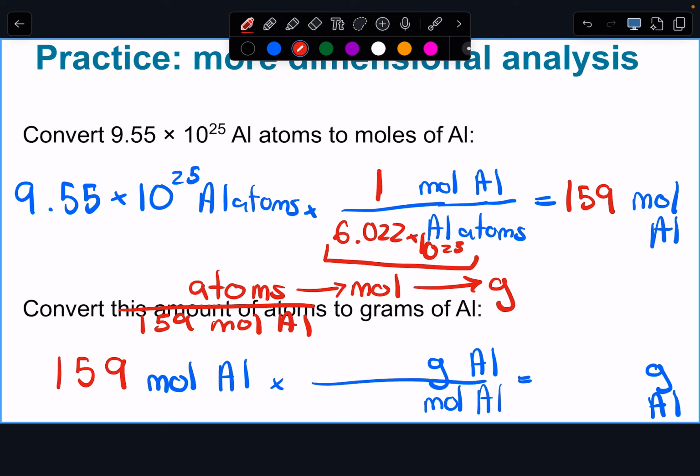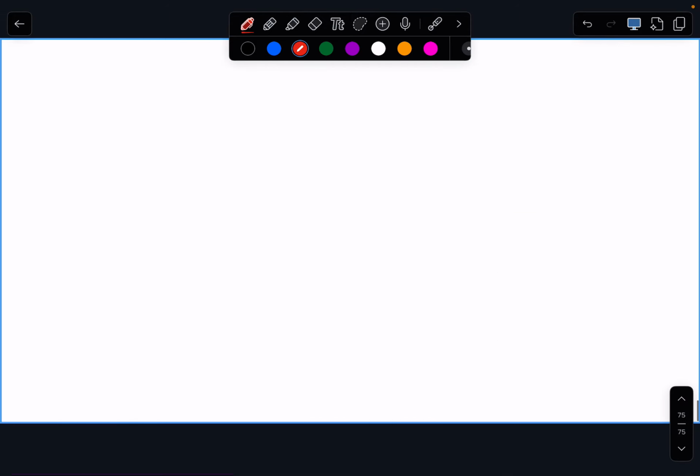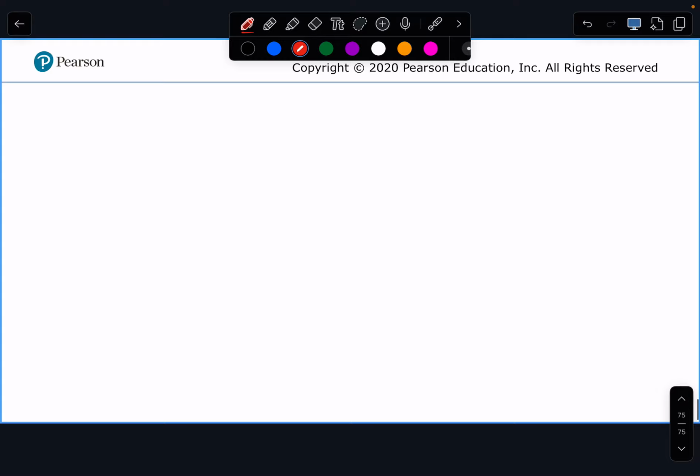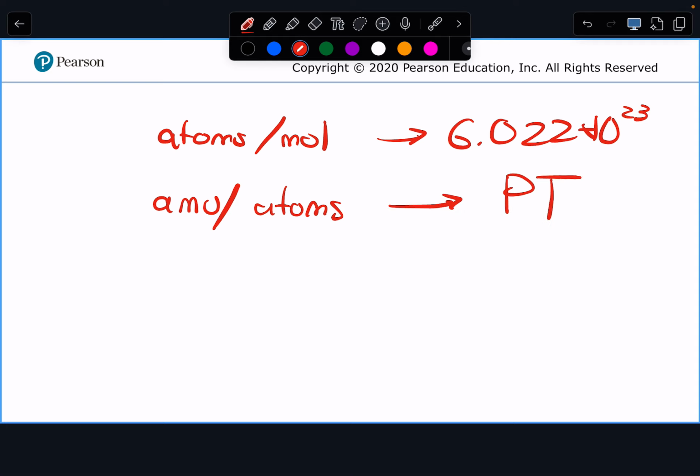So those are the kind of things that I probably, not just having like a mental list of conversion factors, but I'm trying to see if I have a blank page here handy. Good. So if I have atoms and molecules, atoms and moles, I want my brain to think Avogadro's number. If I have molecules and moles, same thing. If I have AMU and atoms in a conversion factor, I want to go to the periodic table because each atom has a mass in atomic mass units.